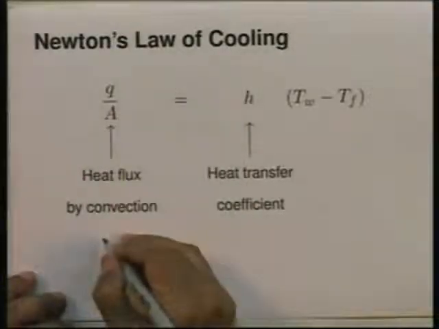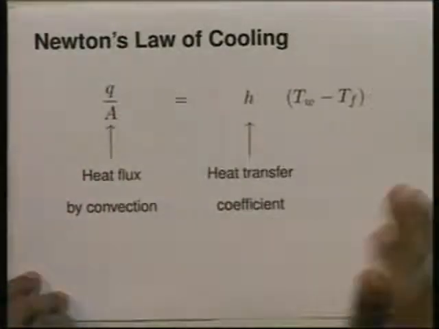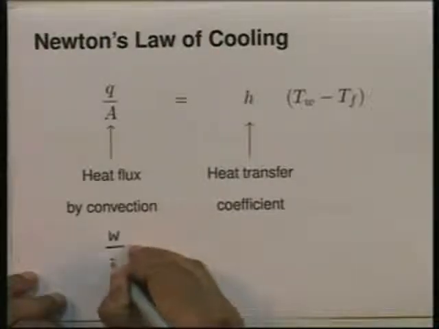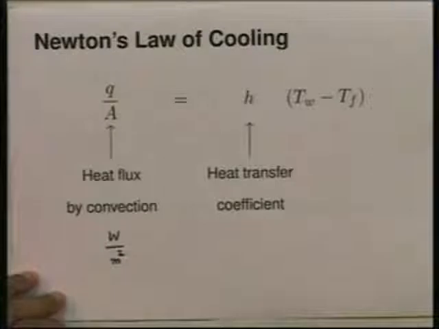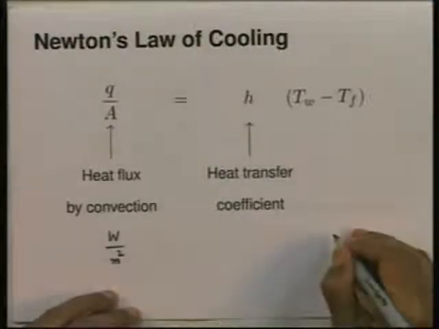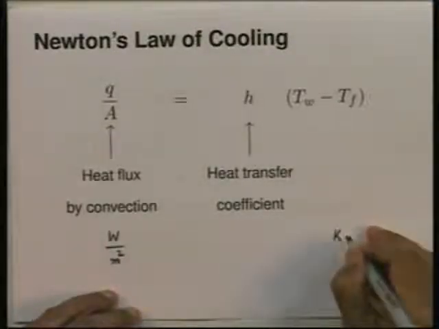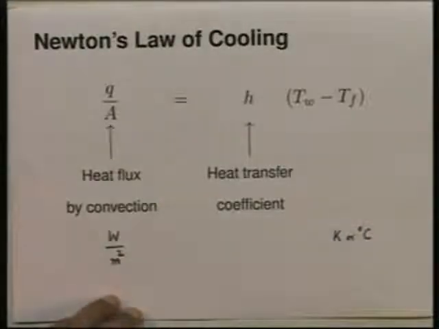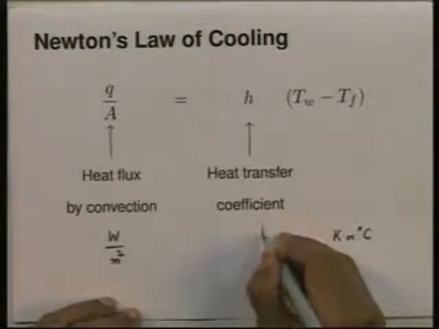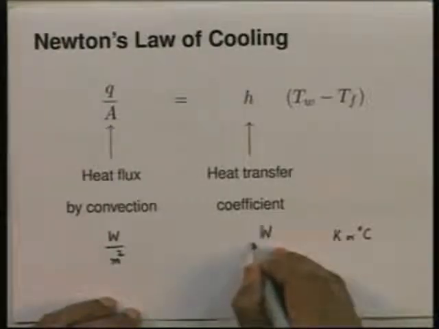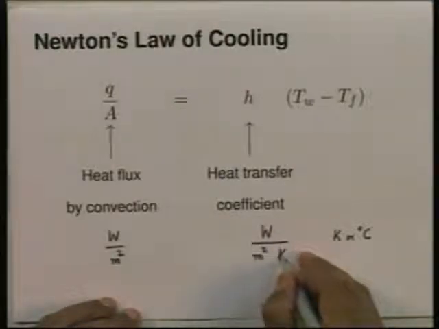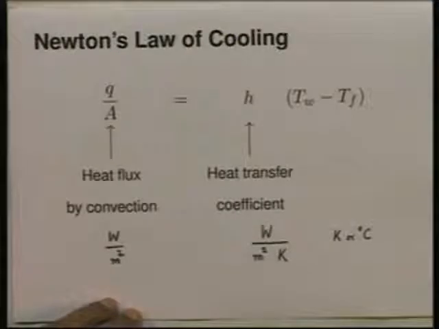Q by A would be a heat flux, heat flow rate per unit area, watts per meter squared. The temperature difference Tw minus Tf would be in degrees Kelvin or degrees centigrade, it does not matter which one, since it is a temperature difference, it will be numerically equal. Therefore, the units of H would be watts per meter squared Kelvin.